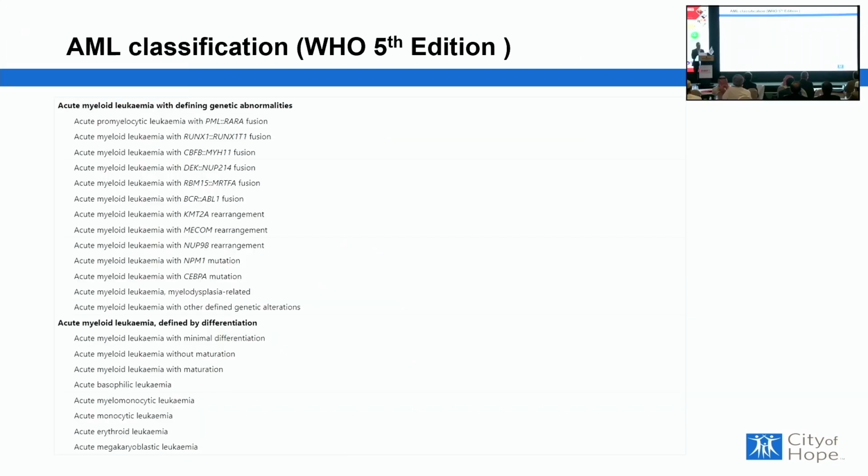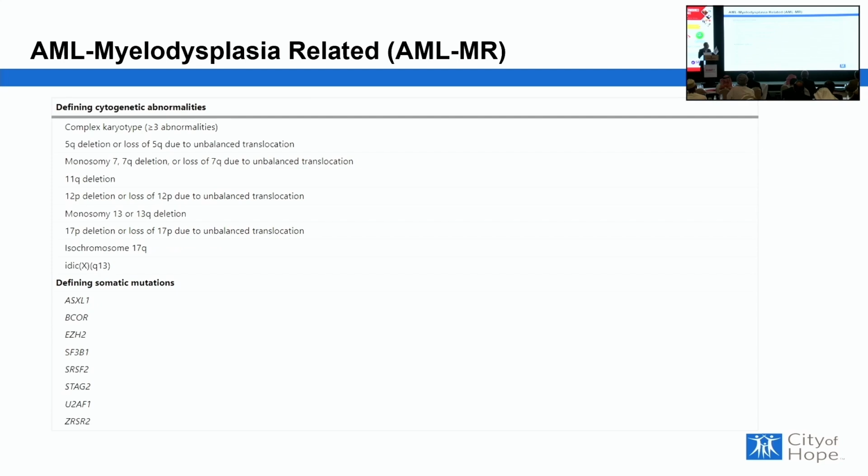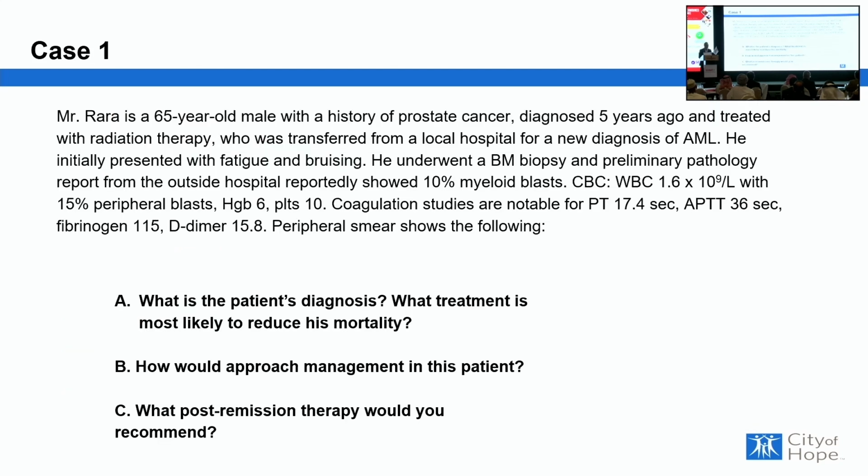WHO has adopted this in their recent classification also, and included all those mutations that have impact on the prognosis of those patients, understanding that precision medicine and targeted therapy is becoming very relevant in this era. I'm going to start now with my cases, and we'll discuss those accordingly.